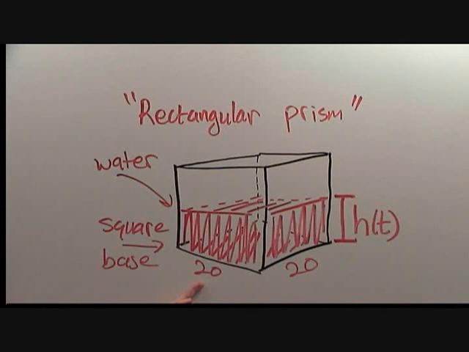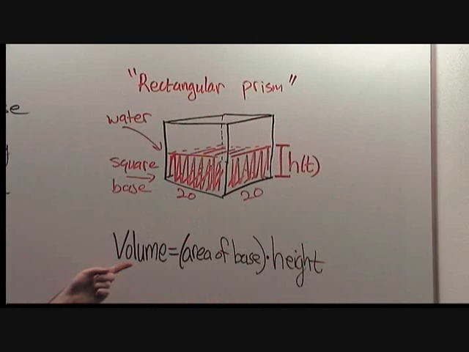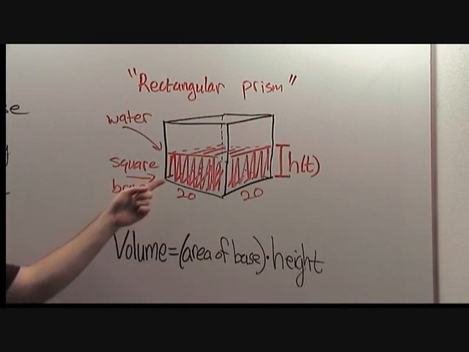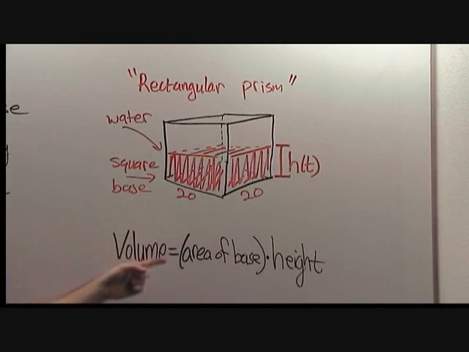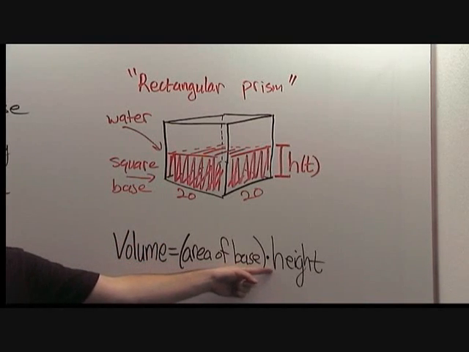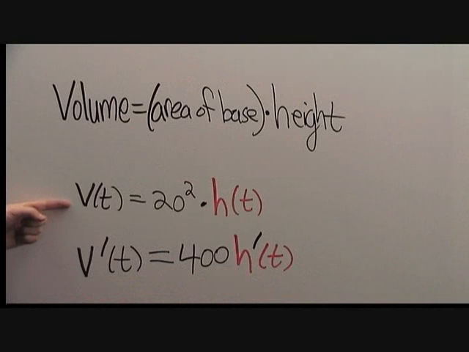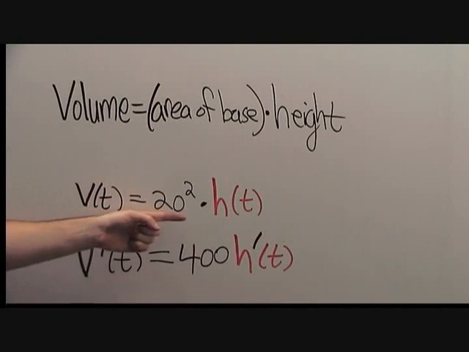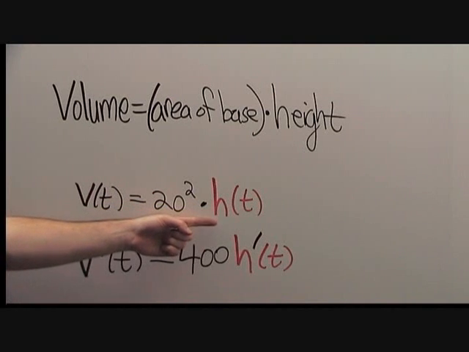Let's use this picture to write down an equation for the volume. The volume of water in our rectangular prism is given by the area of the base times the height of the water. Therefore, the volume, V of t, is equal to 20 squared times the height, h of t.